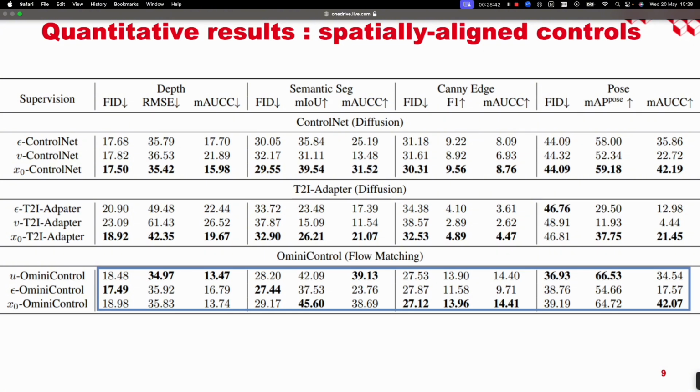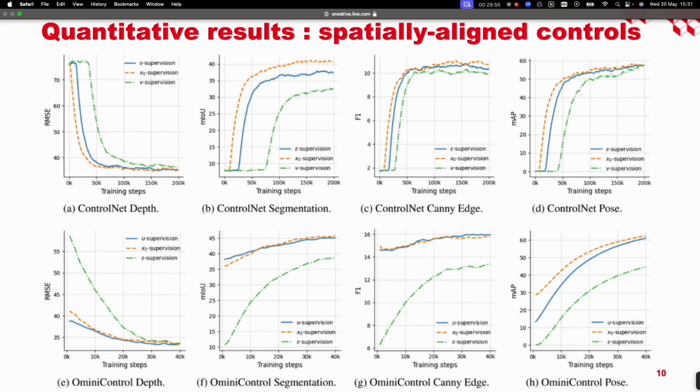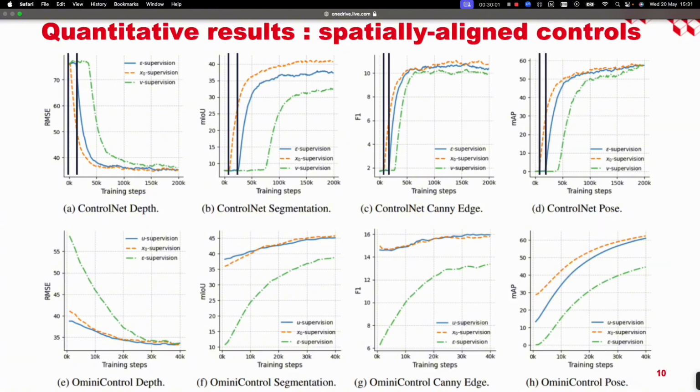Hence, x0-Supervision mainly maintained the same metrics on depth, semantic segmentation, and Canny edge control. On pose-guided generation, however, we observed a significant improvement of the convergence speed. Here we have the convergence curves. We can see a faster convergence and the sudden convergence phenomenon happening much earlier on ControlNet.